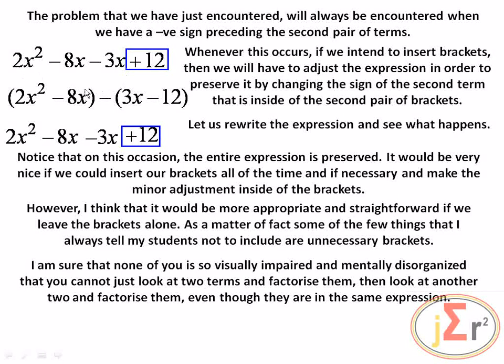But if we have a situation like that, what we should do is make a step in which we put the terms that we intend to group together in a contiguous fashion.